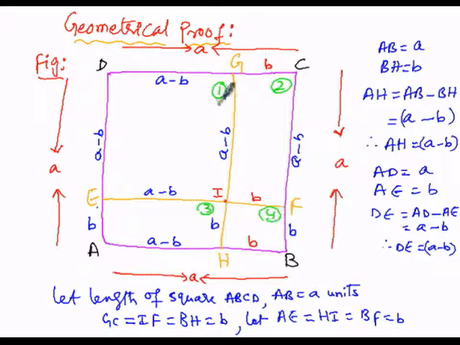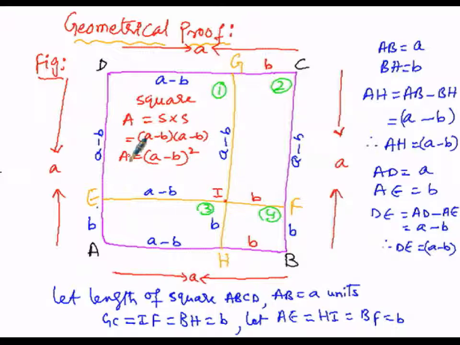In figure number 1, that is EIGD, all sides are equal and each is of measure A minus B. Since all sides are equal, it is a square. Area of the square is side into side, so A minus B into A minus B is A minus B whole square.